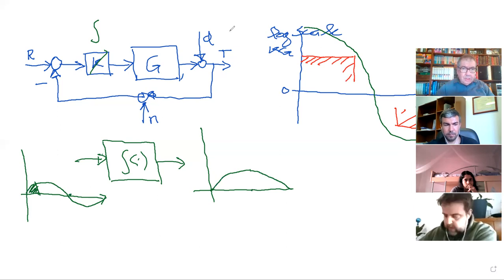Now, suppose that you have a much higher frequency signal here. Okay, what happens is that your amplitude will be much smaller.